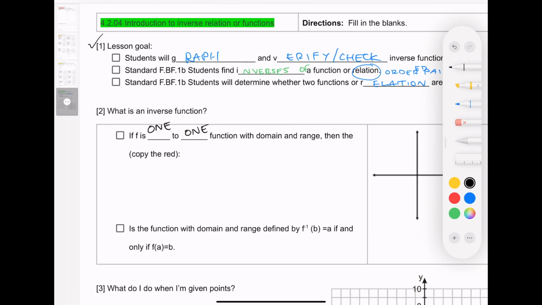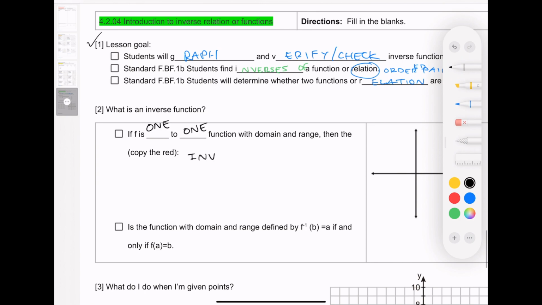the inverse function of f, I'm going to draw it kind of large. Function is this f.